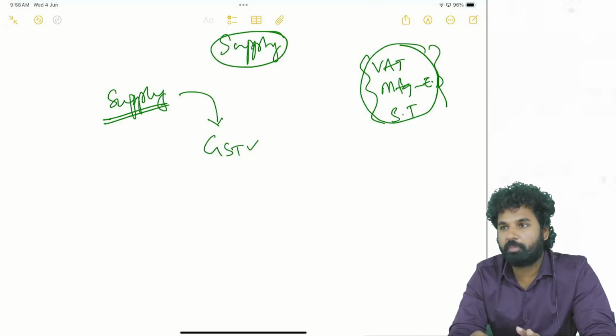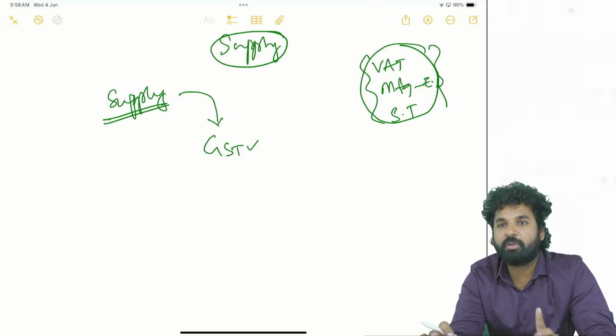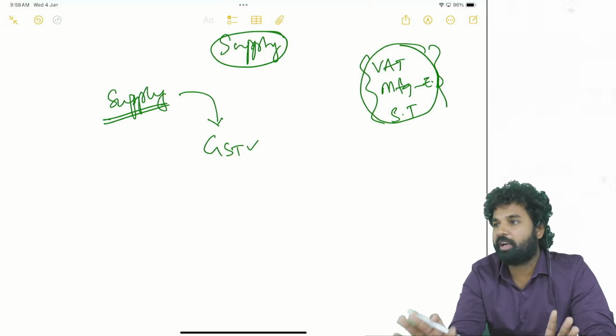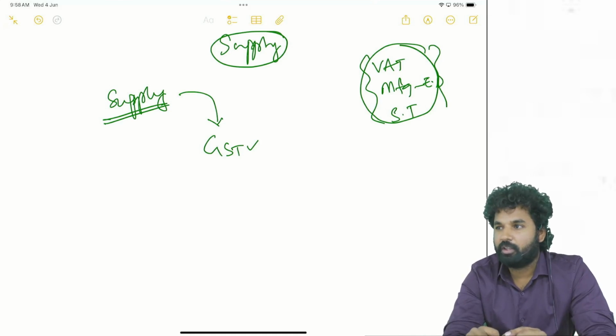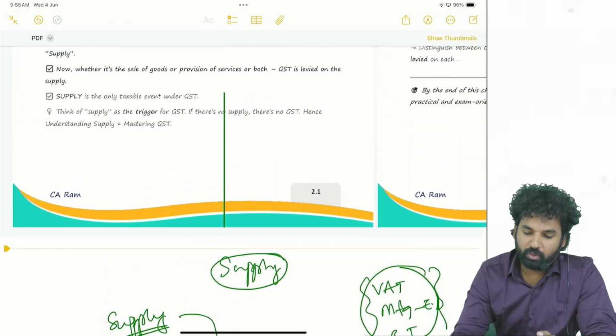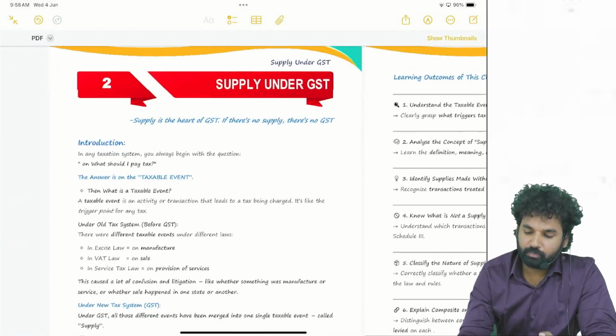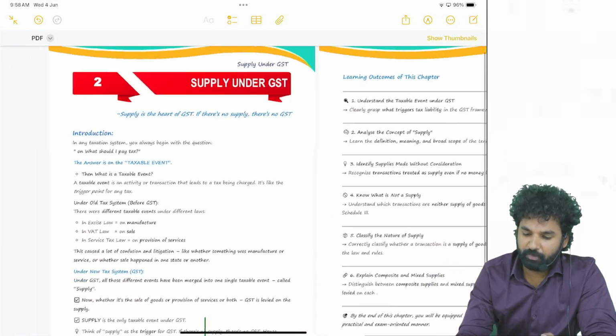If a particular activity is attracted with GST, that means that activity first shall be supply. Then only GST will be attracted on such activity. You got it? Right. So we'll go for the definition of supply now. We will understand the definition of supply.